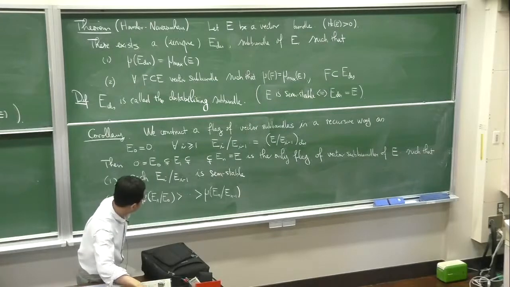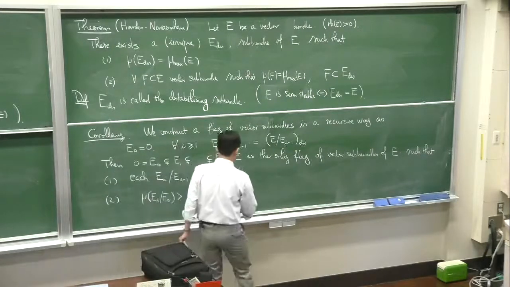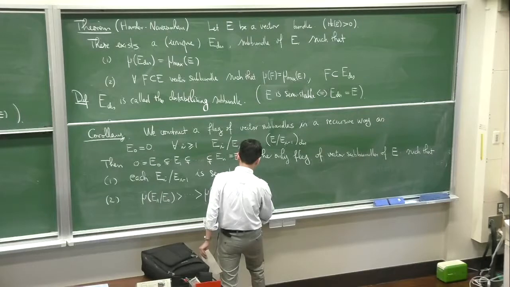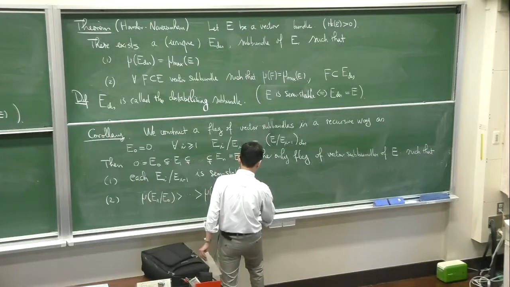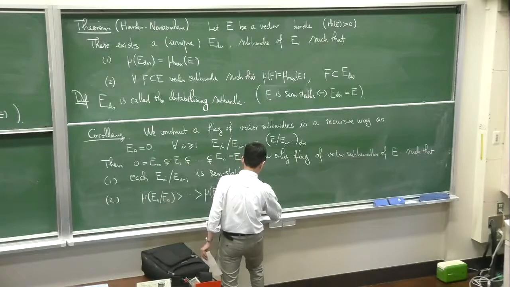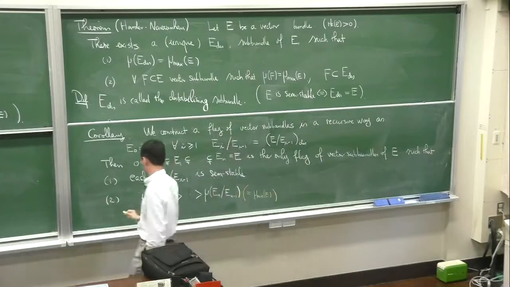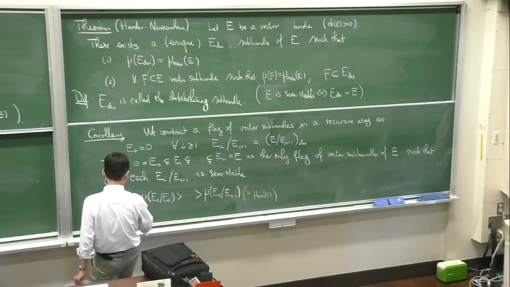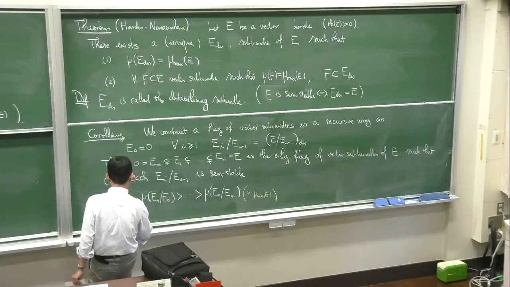A little remark is that this is equal to the minimal slope of E, and this is equal to the maximal slope of E. Does that make sense?